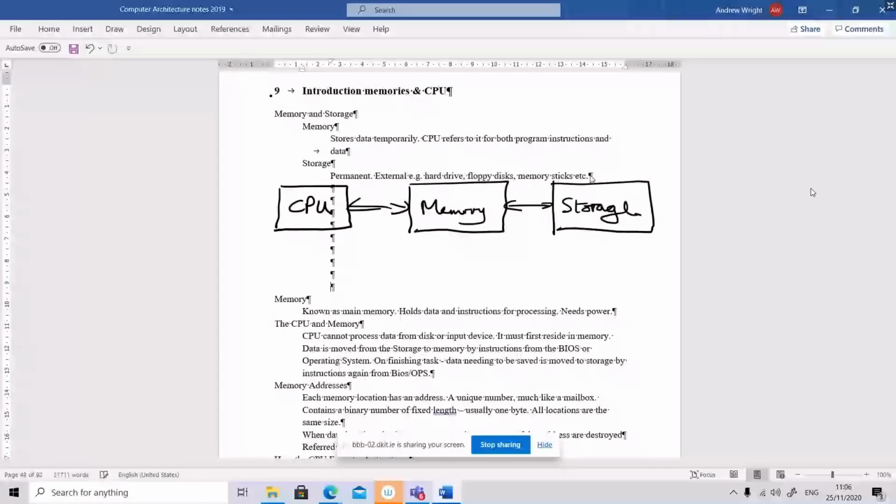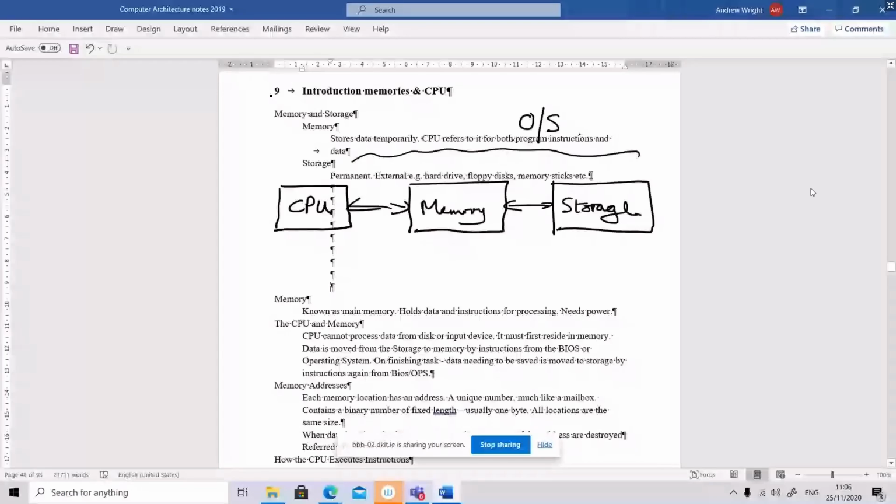The operating system supervises all of this movement of data, if you like. Storage devices, as the name suggests, hold data even when you have no power.